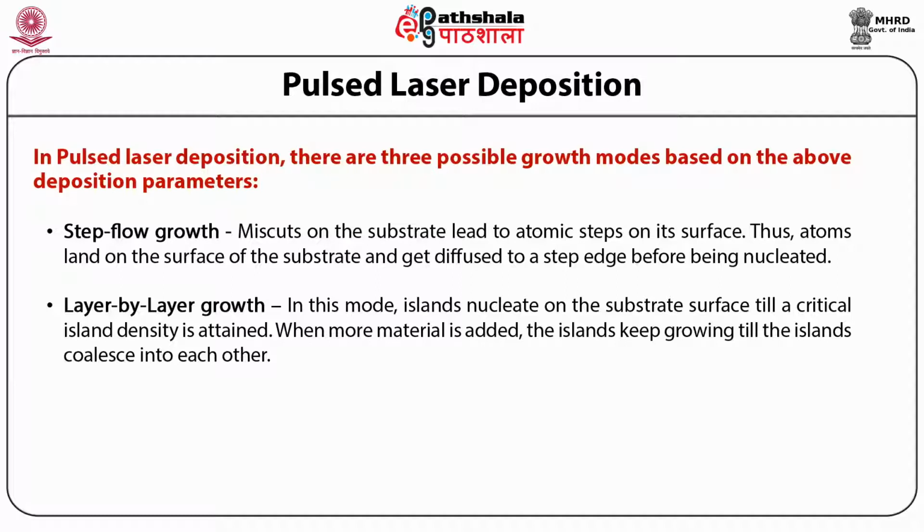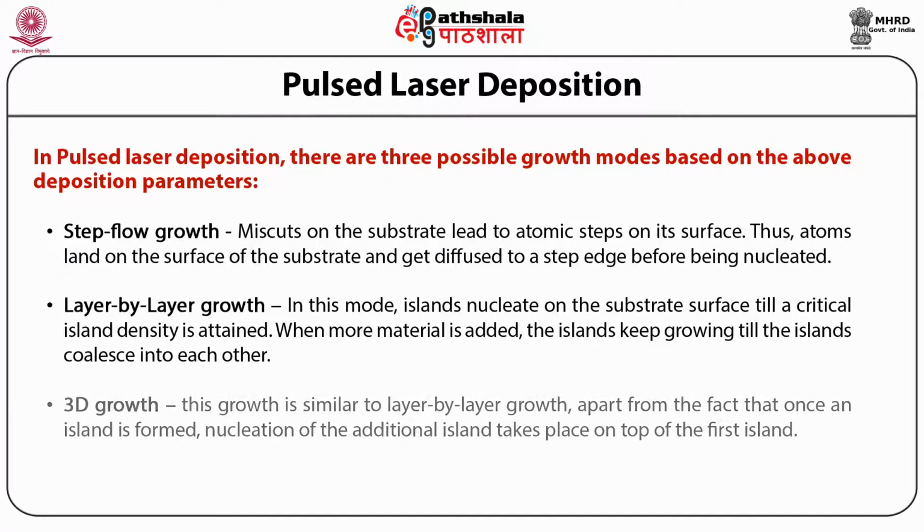Hence, the surface has a large density of cavities. When more material is added to the substrate surface, the atoms get diffused into such cavities to complete the layer. This process is repeated for depositing subsequent layers.